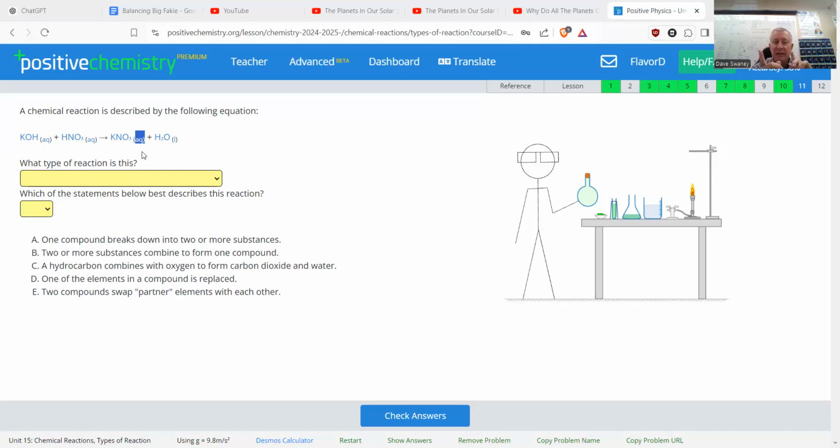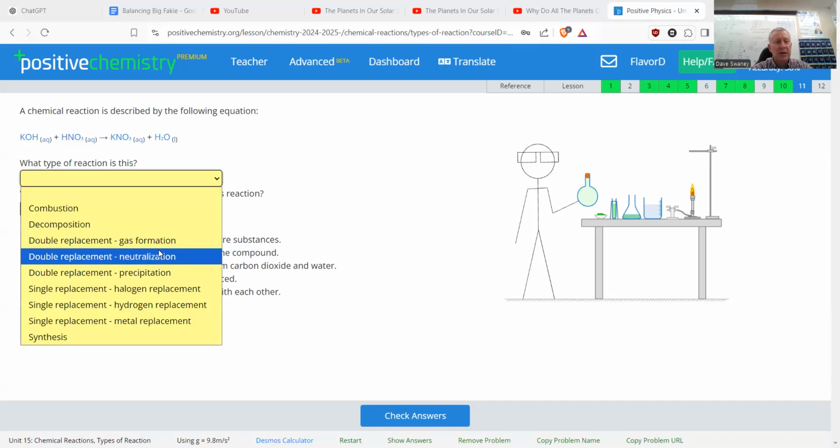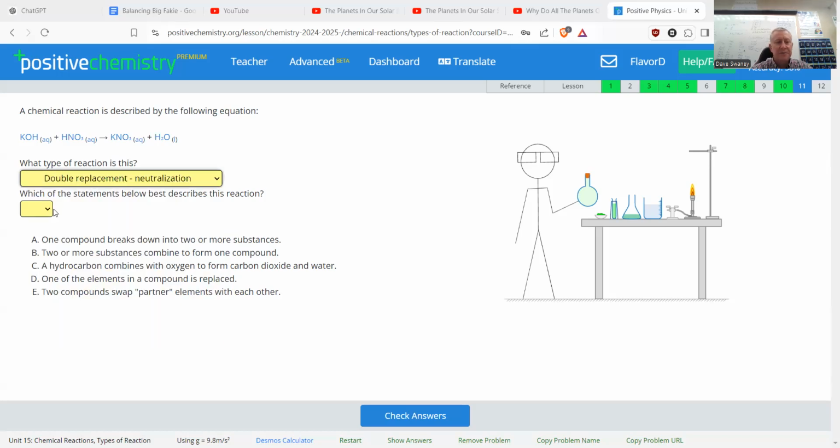So did it replace the H? Kind of, but I think they want us to say it's a double replacement neutralization because we don't have any more acids. Water does not have an H to give in nearly the same amount. It does not count as an acid in our terminology. So it got neutralized.